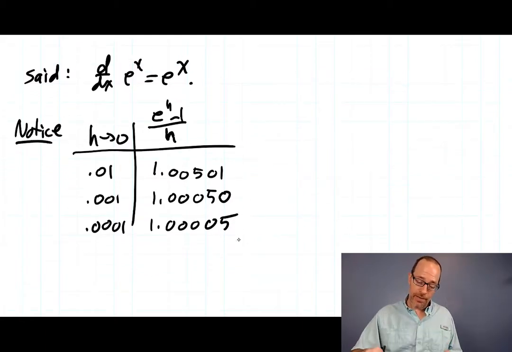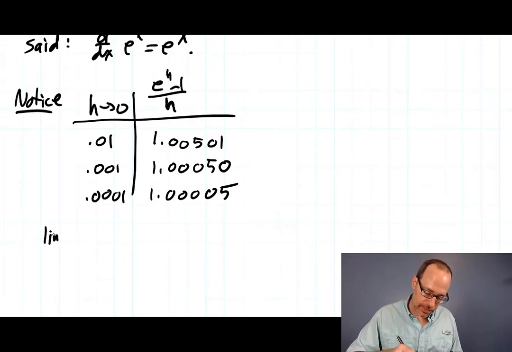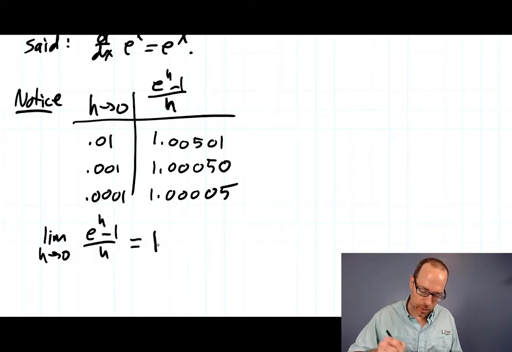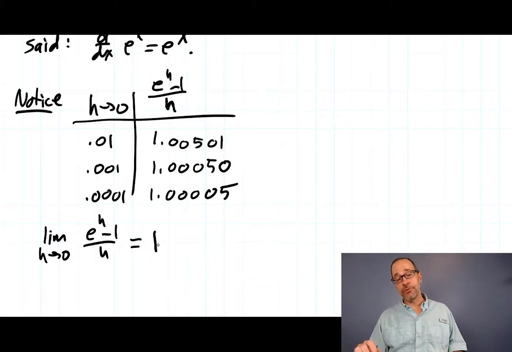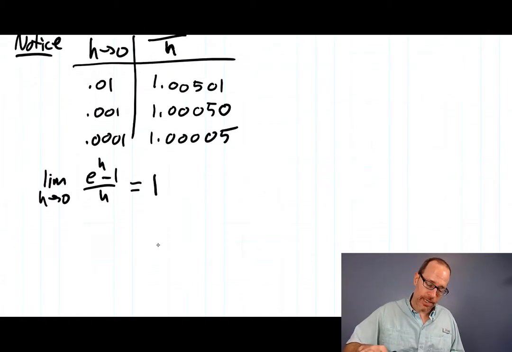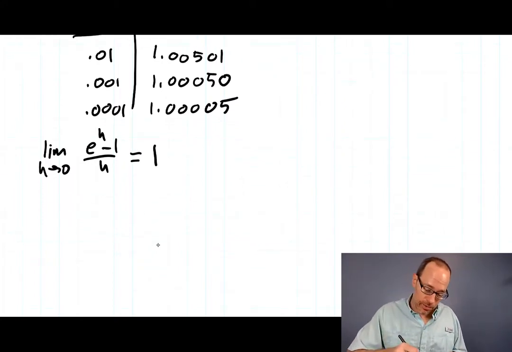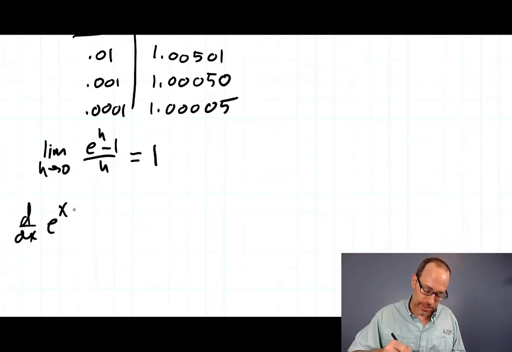And you can mess around with this, and it's not hard to see that it looks as if the limit as h goes to 0 of (e to the h minus 1) all over h is 1. And that is actually true. You can verify it if you have some more advanced techniques. But right now we just have it kind of numerically, that limit is 1. And that's going to be enough for us to do the derivative of e to the x. All right, so using that fact.